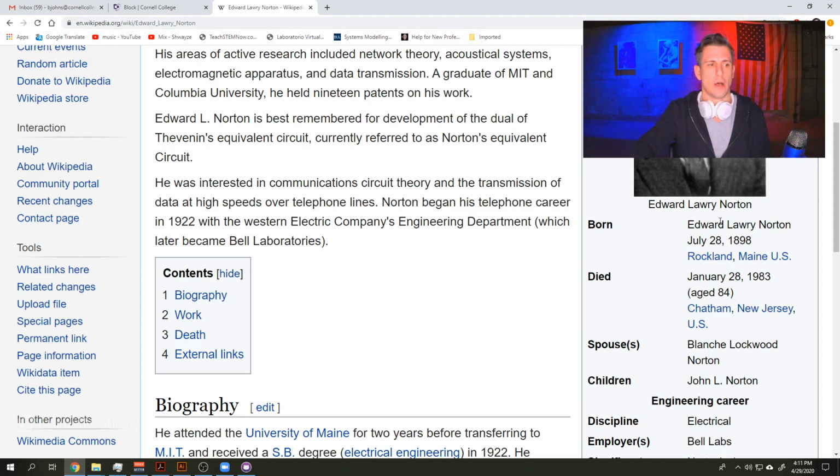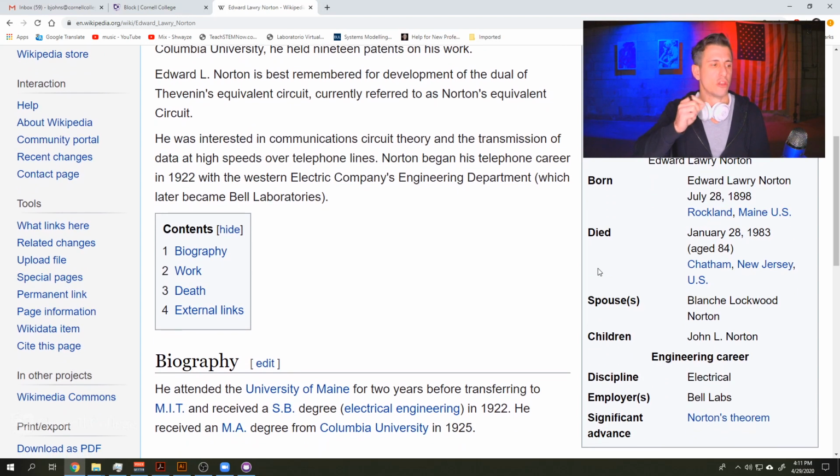It's newer because Edward Norton lived from 1898 and died in 1983. So let's go ahead and take a look at Norton's theorem.